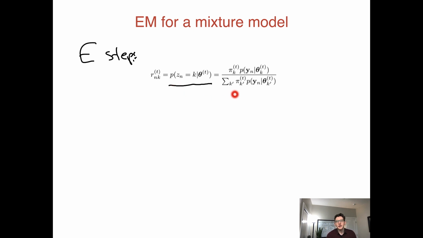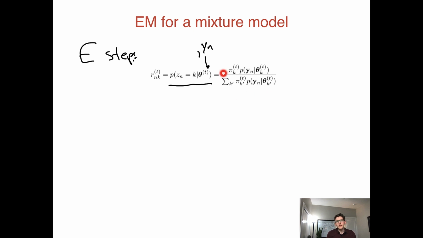Here we've just applied Bayes' rule. So we have P of z n given theta t. This isn't written here explicitly, but we should also have y of n in this condition. So here we just applied Bayes' rule.